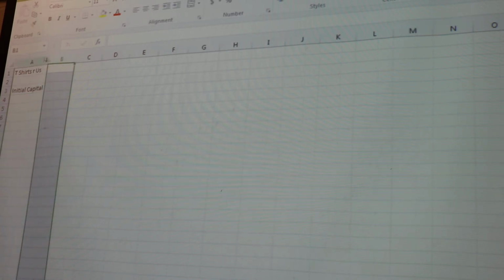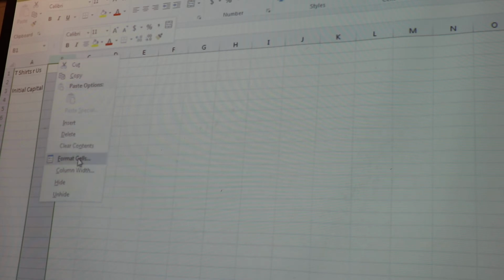First assumption we're going to make is that we start out with some initial capital that we've raised. Okay? And we're going to assume that's $50,000. Now I'm going to reformat this row of cells.